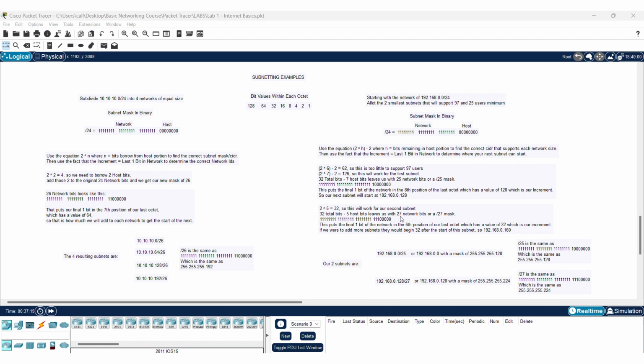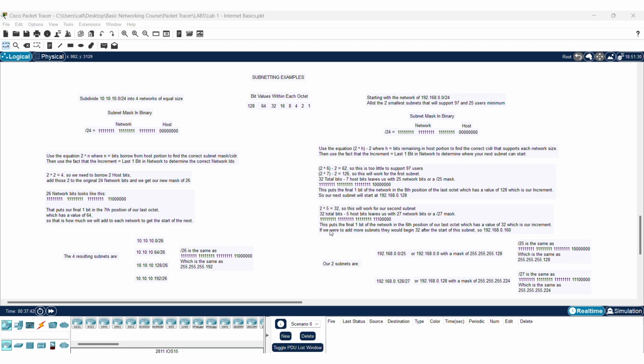That's going to leave us with 27 network bits, or a /27 mask. Write that out in binary, it's going to look like this. It leaves our last 1 on bit right here, the third from the left. So if we go 1, 2, 3, that means that 32 is going to be our increment value.